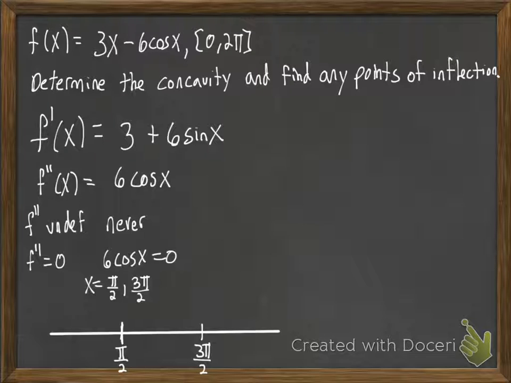Keeping in mind that because we are restricted to the interval 0 to 2 pi, we have those endpoints cutting us off. So we need to pick something between 0 and pi over 2.